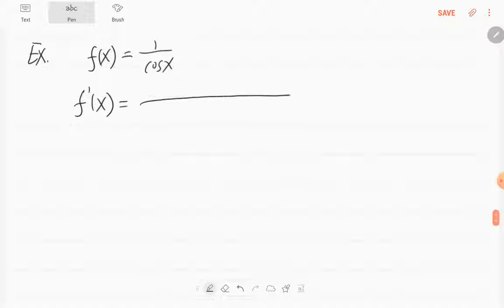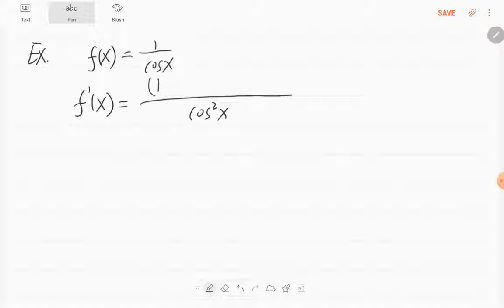So now let's look at another one. f of x equals 1 over cosine x. This is also the quotient between two functions. The top function is 1, the bottom function is cosine x. If you take the derivative, the denominator is cosine square, right?